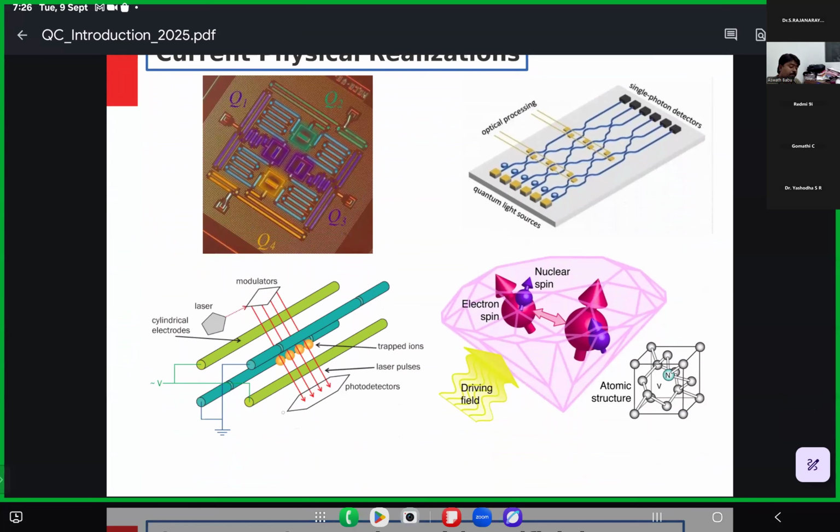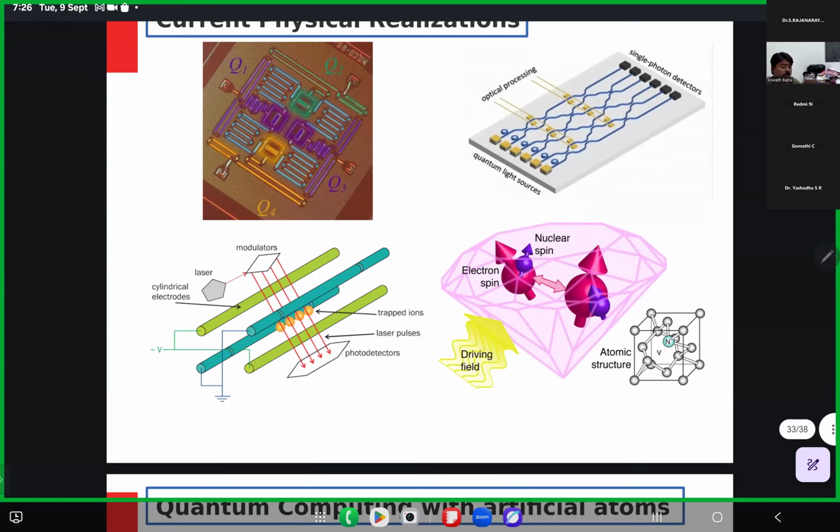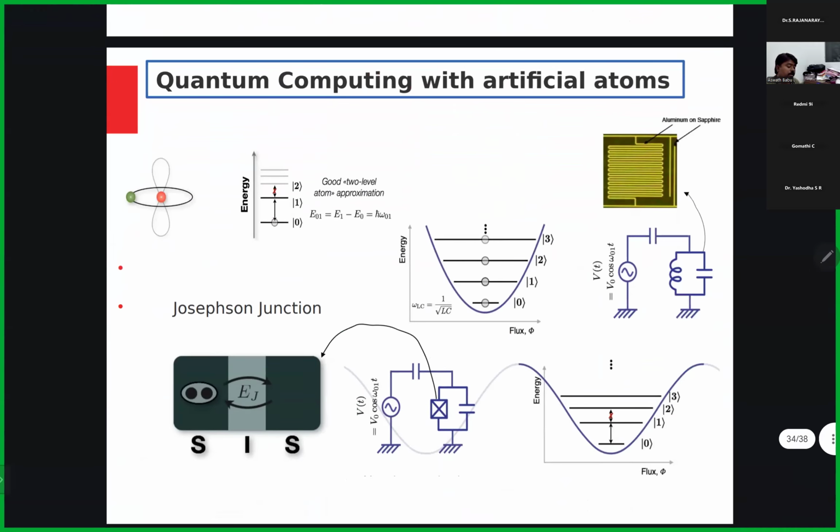There are trapped ion qubits, photon based qubits, and NV center qubits, all realized in existing quantum hardware. The most used qubit realization is the transmon.